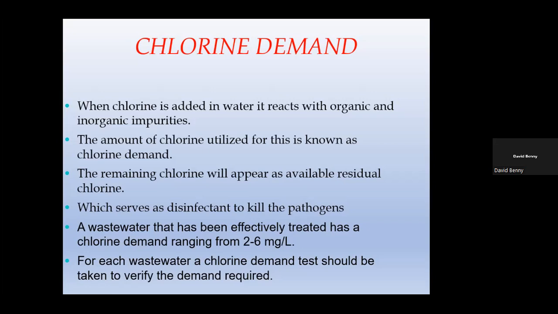The first one that gives you a residual, based on how much you added, you would know that is the demand for the particular sample. So operators can do this simple test, but if you have lab facilities, it can be done more on a clinical scale, but more or less it is the same procedure.